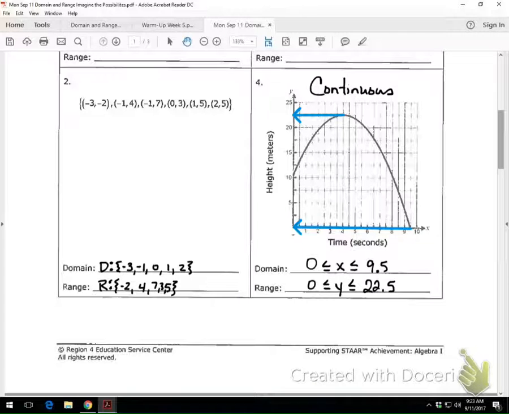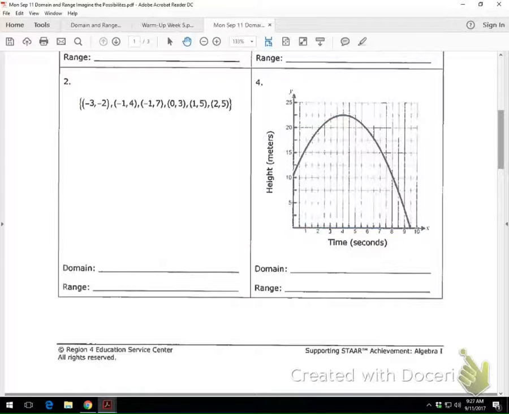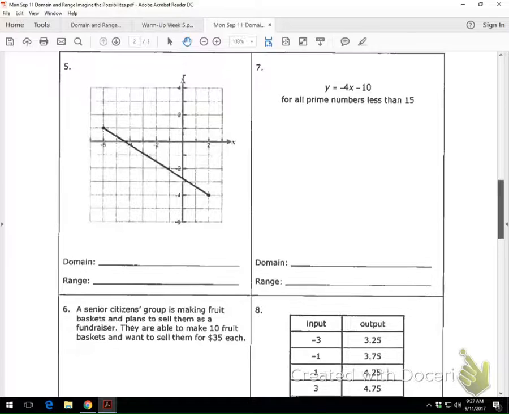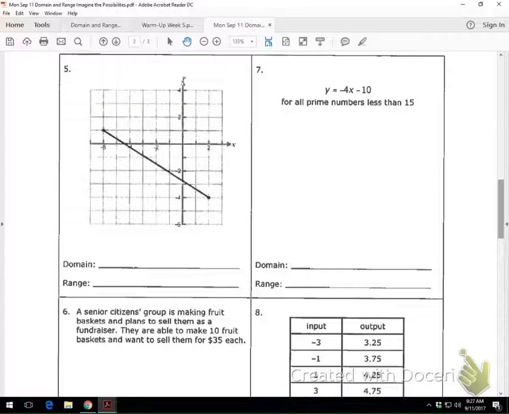Does that make sense? The automatic is less than or equal to x, less than or equal to. Less than or equal to y, less than or equal to. And we said it's continuous because it's a line. They're connected, right? We're good from there? So far, so good? Okay, let's flip the page. Okay, number 5. Continuous or discrete?